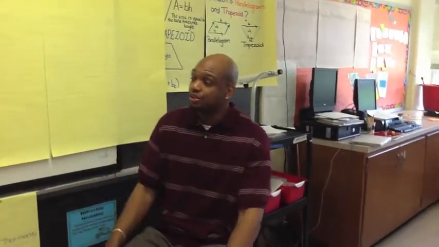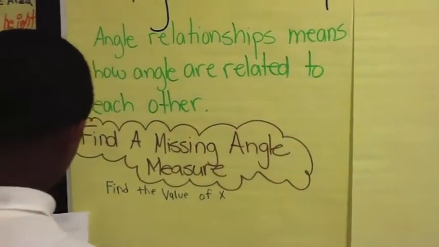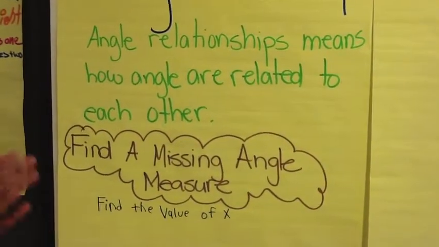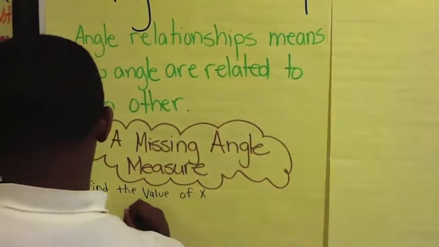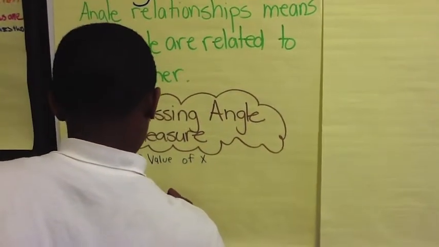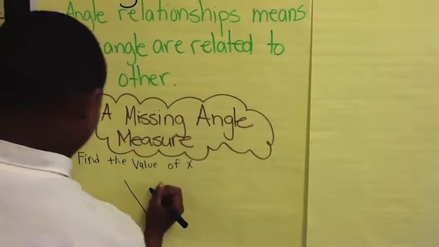Javante is now going to solve a problem for us. So we're going to be taking a look at Javante finding a missing angle measure. So he's going to find the value of x and do a problem for us. So I draw my intersecting lines.